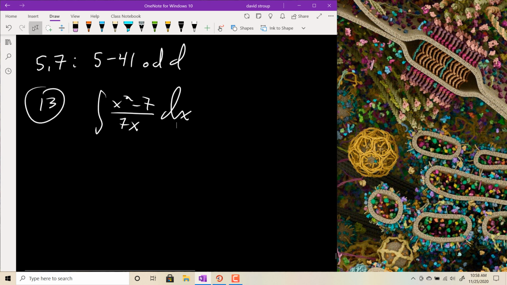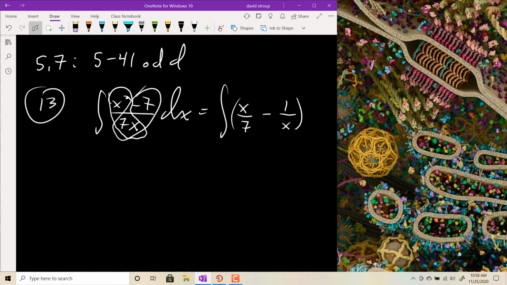You could do long division here. You could just kind of split them up by doing your butterfly. So I have x squared over 7x, which is just x over 7, minus 7 over 7x, which is just 1 over x dx. Okay, let's make sure x squared over 7x is x over 7.